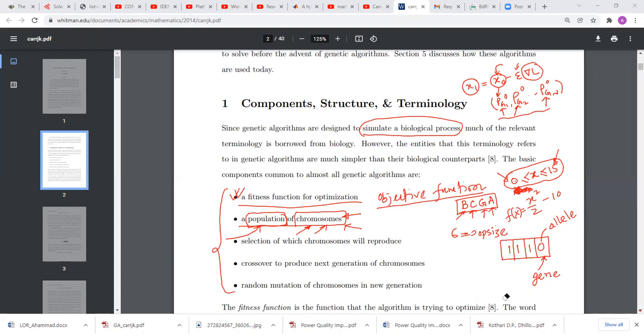Okay. Now there are another two terms: one is genotype and another one is phenotype. Genotype is when we are considering the chromosome, this encoded representation is the genotype.